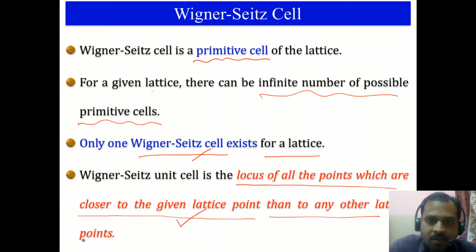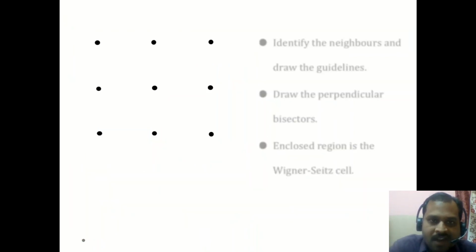Let us take a two-dimensional square lattice. So there is an infinite two-dimensional square lattice, and we have shown only 9 lattice points here. They extend infinitely in the x and y direction. Suppose we want to construct the Wigner-Seitz cell around this lattice point.